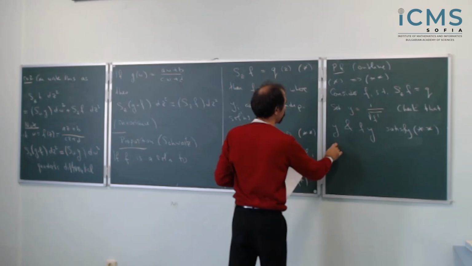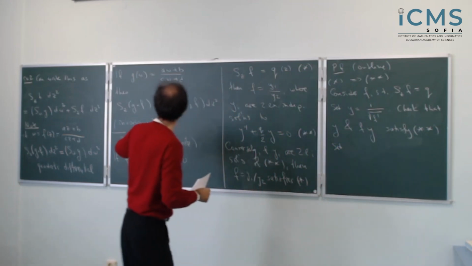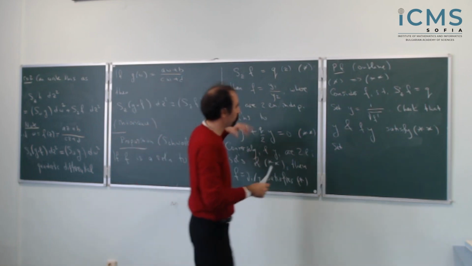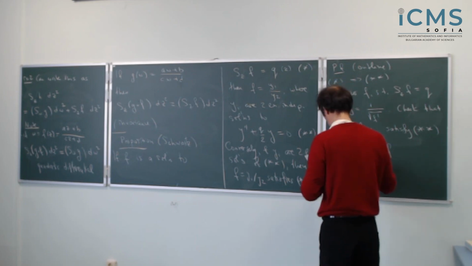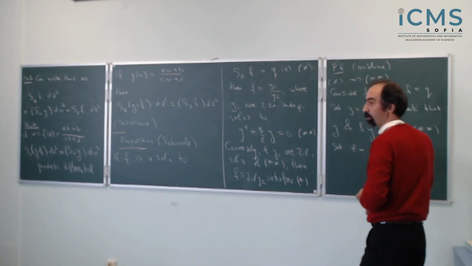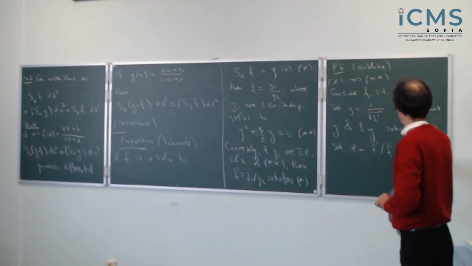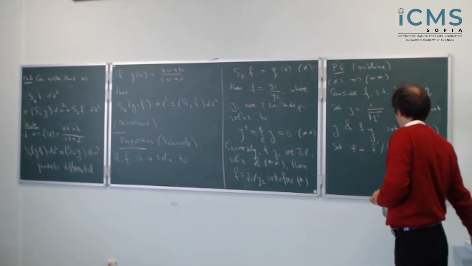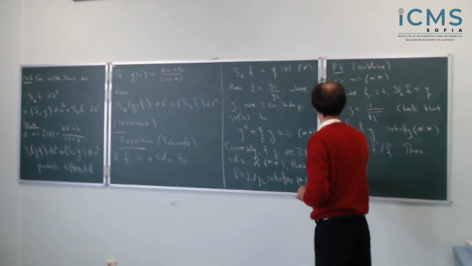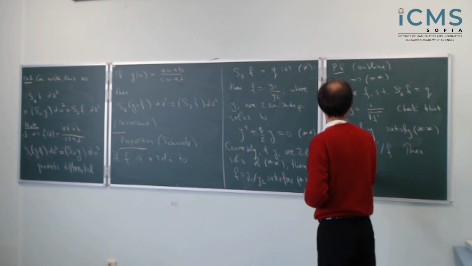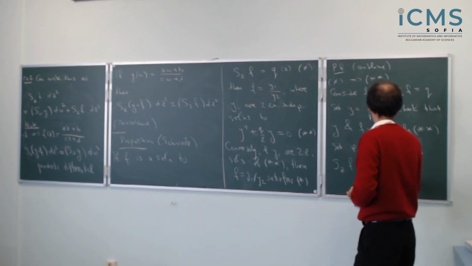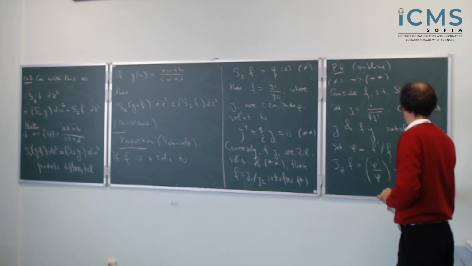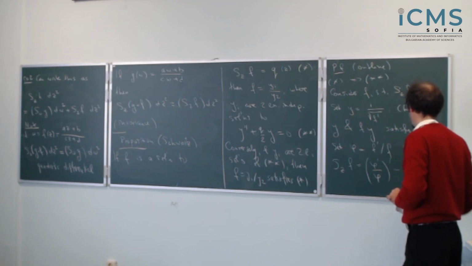To make the calculation simpler, I'm going to temporarily set phi to be f double prime over f prime. Then the Schwarzian S sub z of f is phi prime minus a half phi squared.